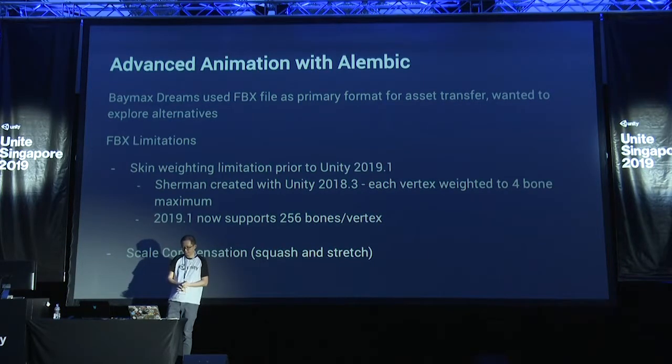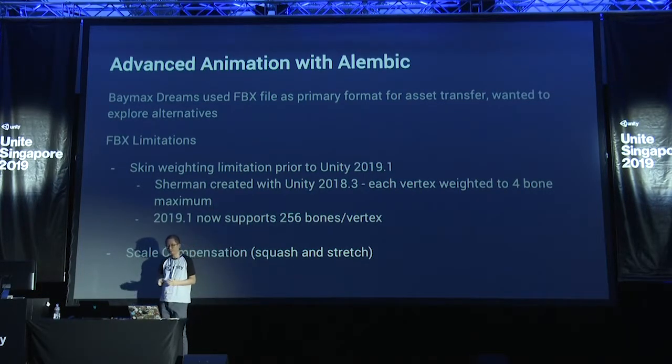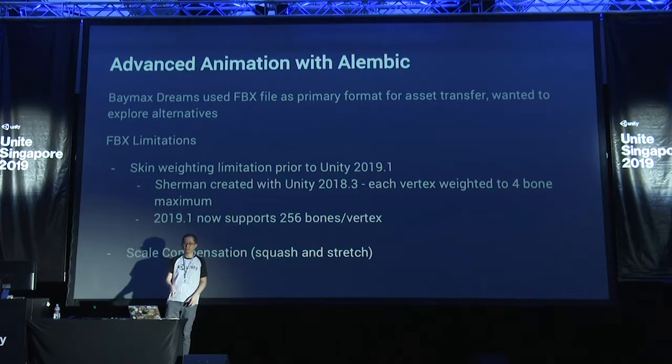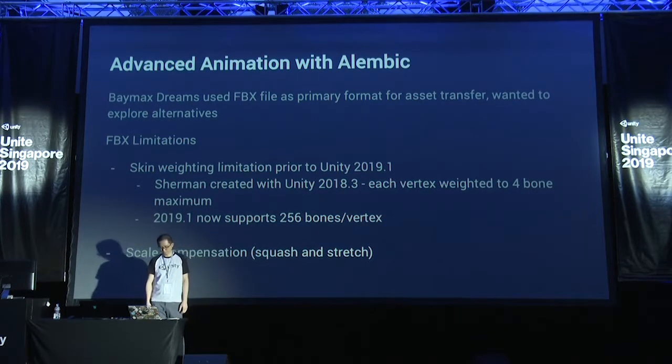And at the time of the project, there's a limit to FBX, so skin weighting is limited to only 4 bones maximum. But in 2019.1, we've now increased that to 256 bones per vertex. But at the time, it was only 4, so it wasn't enough for the kind of fidelity that the team wanted to create. So we went with Alembic cache.